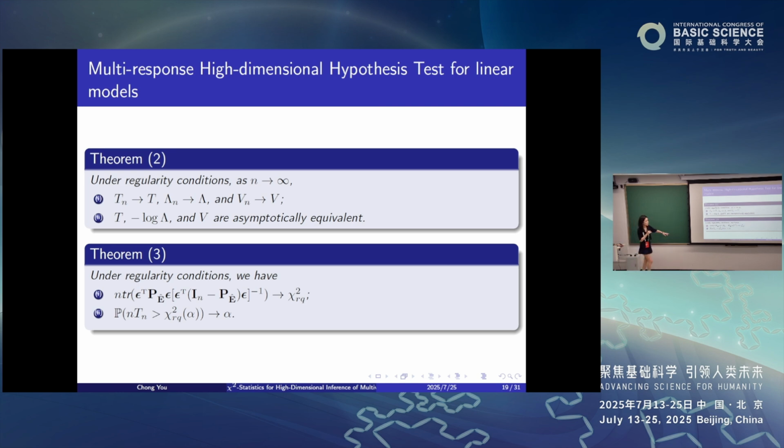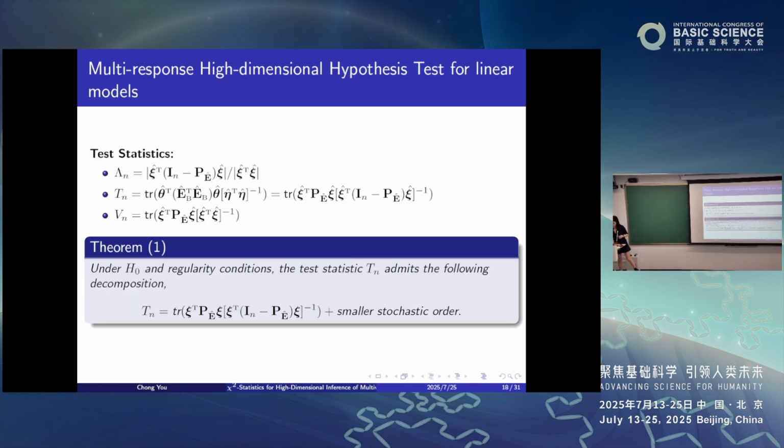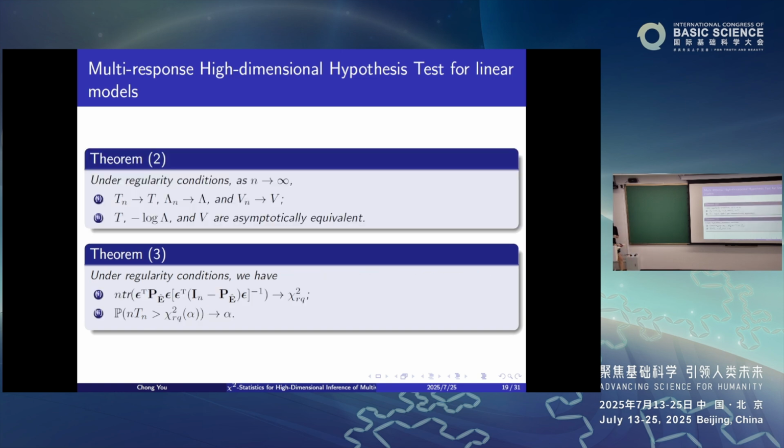So if this one goes to a chi-square distribution, then under the null hypothesis, our Tn here, those terms, should go to a chi-square distribution as well. That's what we state here. This is basically saying we can guarantee the type 1 error here is alpha.